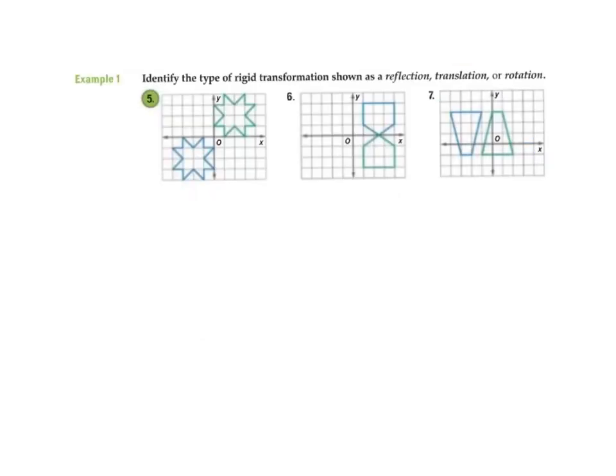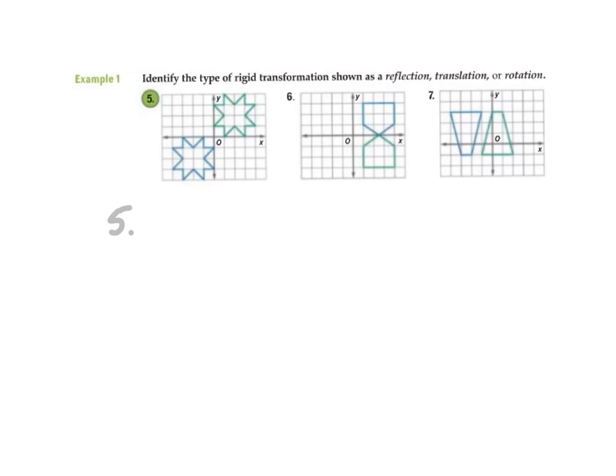And as you can see with the questions, rather than doing questions 1, 2, 3 and 4, I've skipped over a little bit, but it's still example 1. The reason why I've picked these in particular, let's have a look at question number 5. All you've got to say is which one's a reflection, rotation, or a translation, and it doesn't matter that none of these are labelled.